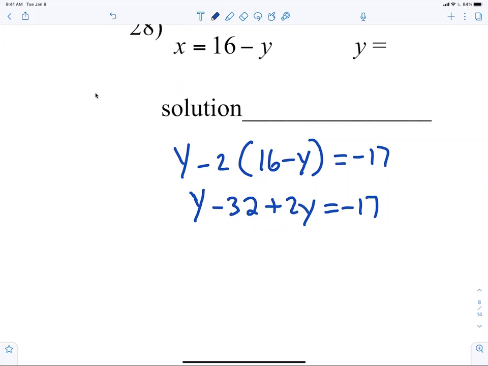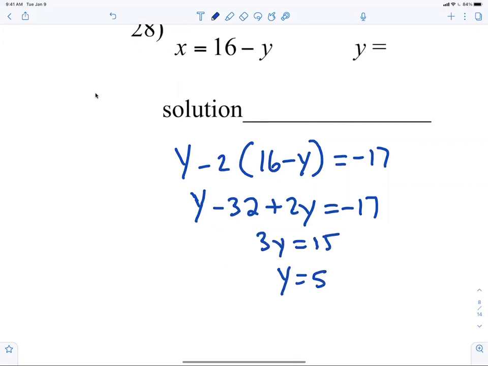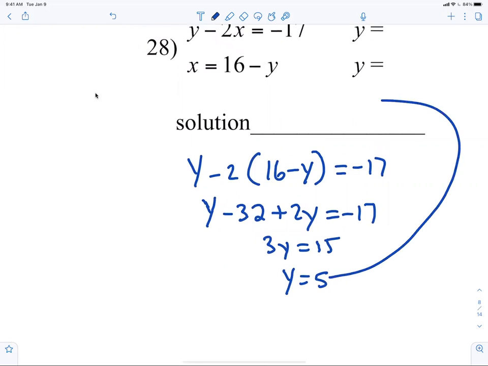So what do we get? 3y equals 15, y equals 5. So if y equals 5, then x equals what? 11. So my answer is 11 comma 5. Everybody with me on this?